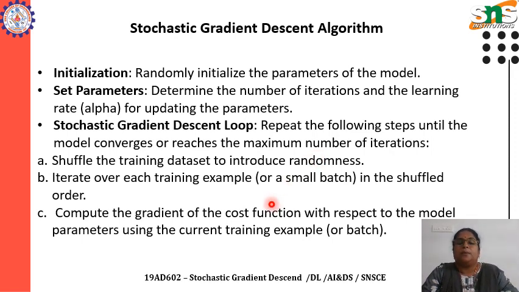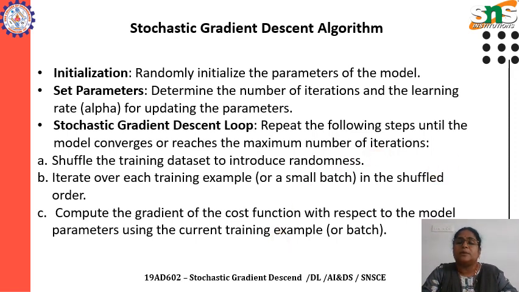In this loop, we shuffle the training dataset in order to introduce randomness. Instead of considering a large dataset, only a small training example or a small batch is considered in the shuffled order. Compute the gradient of the cost function with respect to the model parameters.